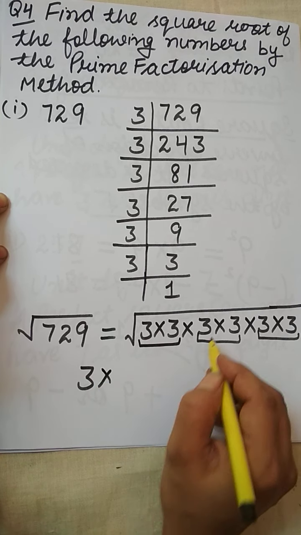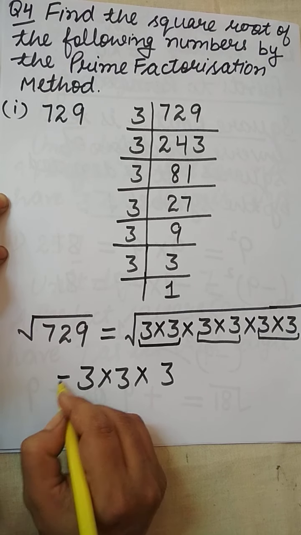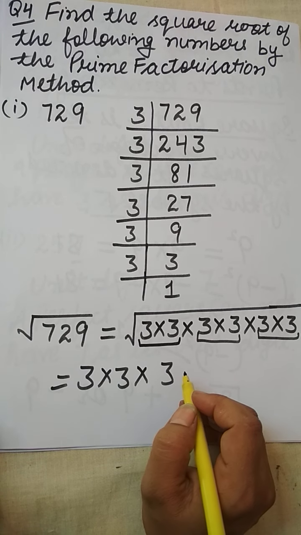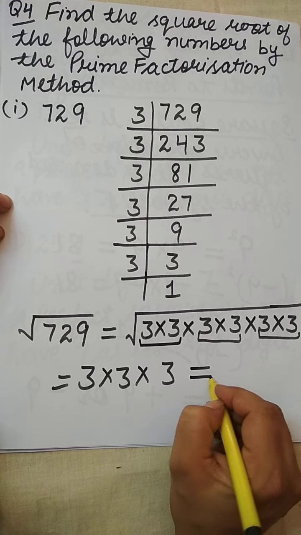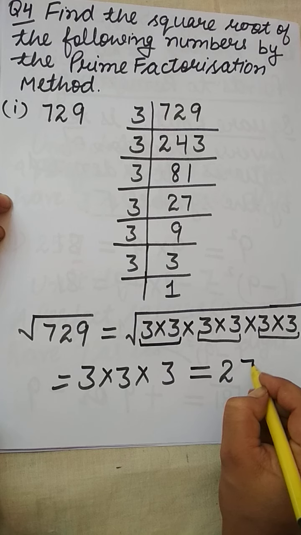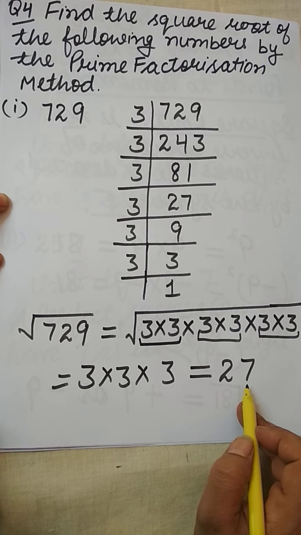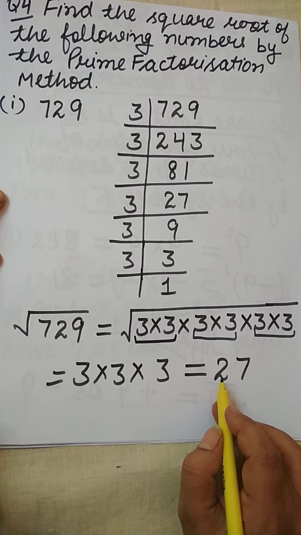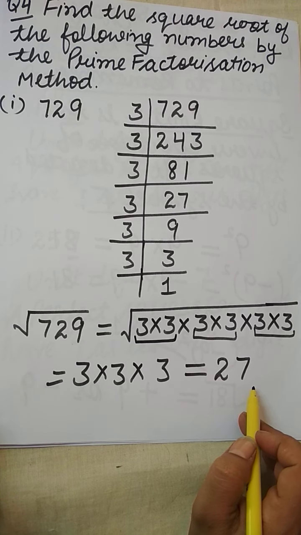Similarly, from the next group, one more, and this one. Now 3 3's are 9, 9 3's are 27. So the square root of 729 is 27. You can check by the product of 27 by 27.